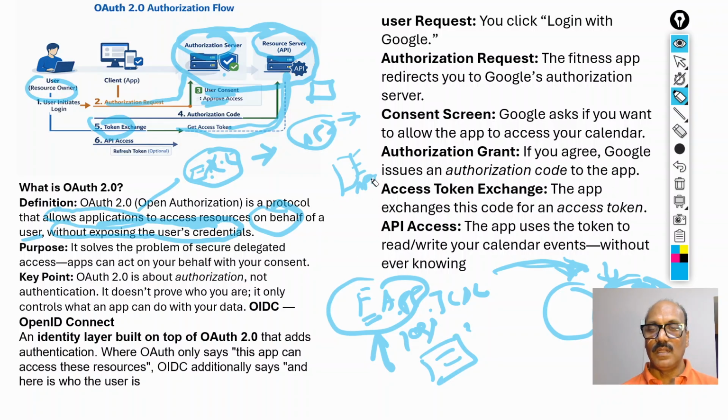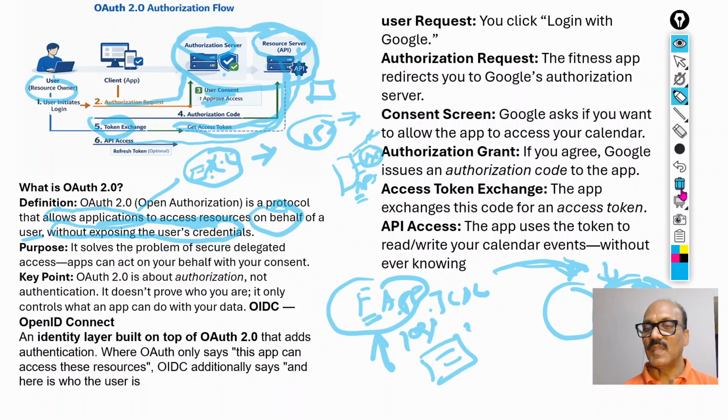For example, Google exposes Calendar, Google Sheets is another API, Google Drive is another API. Now we are concerned about, let's say, Google Calendar. So this API provides the access token. The fitness app will access only that Google Calendar, and on top of that, what level of access, whether to read the calendar or make an entry, all depends upon the authorization levels.